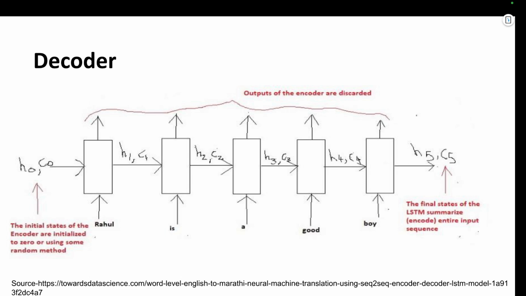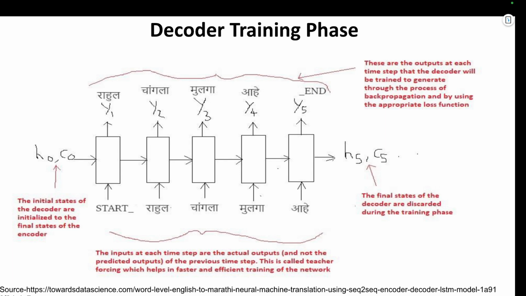Now in the decoder, let us understand it in the diagram. Now this is the decoder architecture. In the decoder, whatever output is generated by the encoder will be the input for the next step, along with the ground truth sequence. Now this is the decoder training phase. Here H0 and C0 are the contextual information, or encoded input sequence, generated by the encoder.